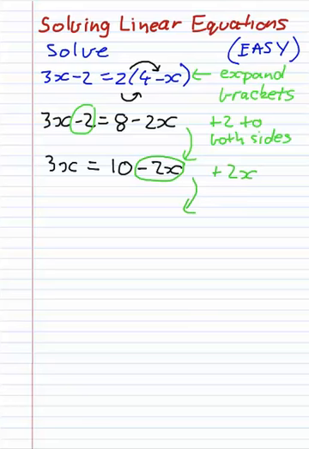Okay, and see what we get. If you do 3x plus 2x, you of course get 5x. If you add 2x to the right hand side, it will cancel the minus 2x, so all you're left with is 10.